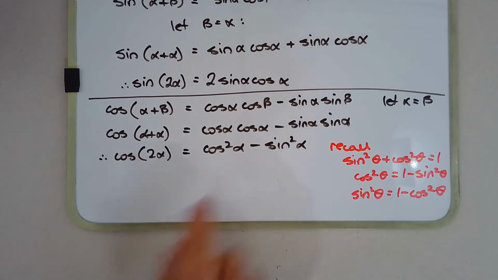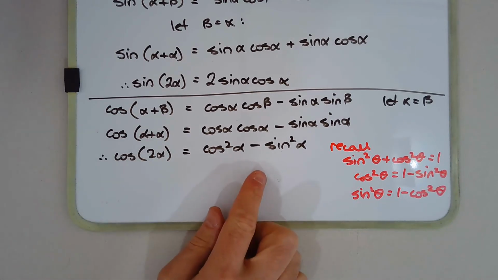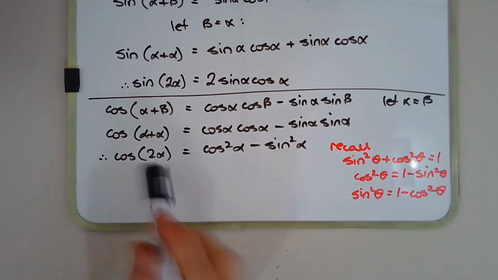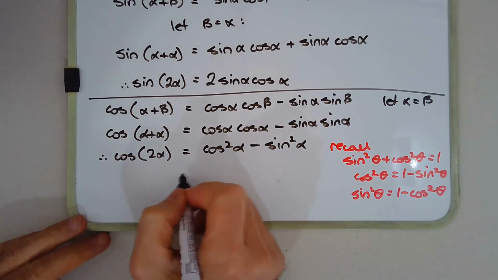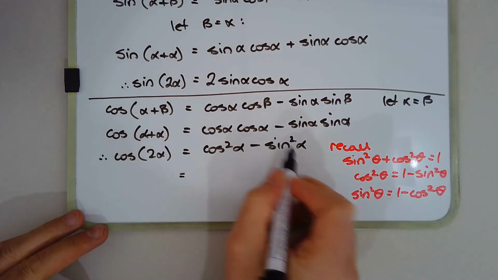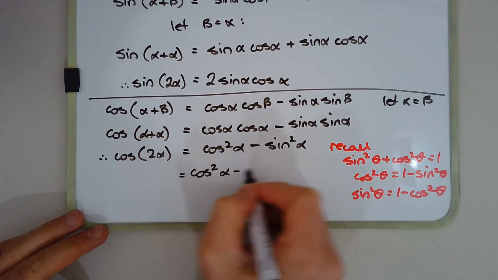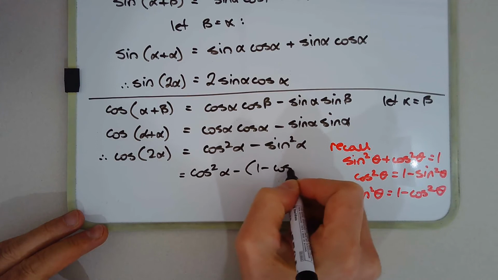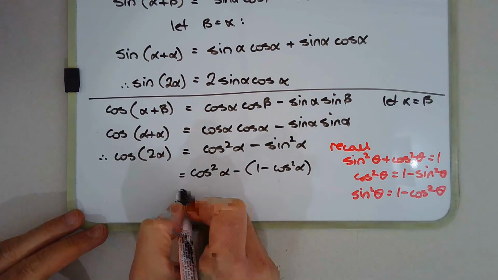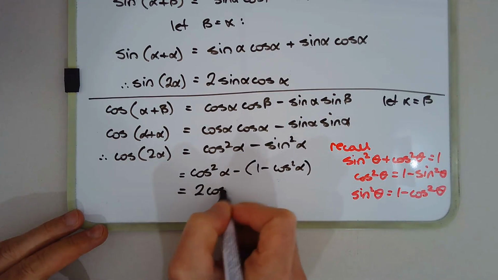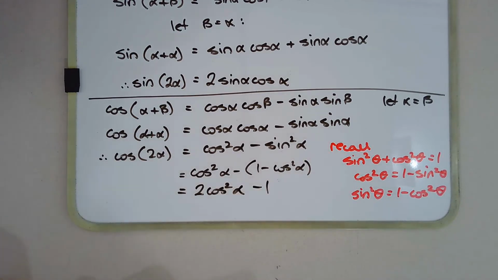That means then that we can come up with two more formulas for the expansion of cos 2 alpha. We could replace the sine squared alpha with 1 minus cos squared alpha, so cos squared alpha minus 1 minus cos squared alpha, and that gives us 2 cos squared alpha minus 1.